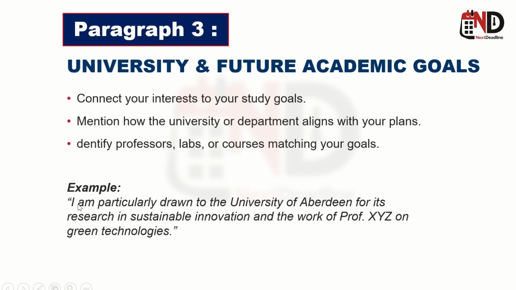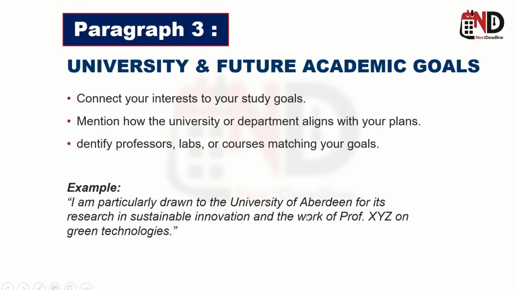So let's take a look at this example. I am particularly drawn to the University of Aberdeen for its research in sustainable innovation and the work of Professor XYZ on green technologies. This is one of my mentees' SOP. I extracted this from his SOP. Do you understand?